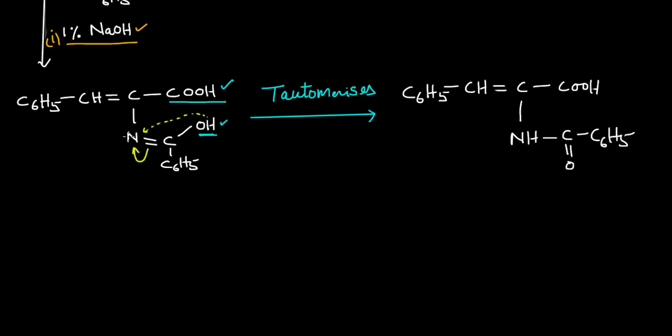So this oxygen, this nitrogen will get the positive charge, negative charge, and this hydrogen will shift to this nitrogen atom to form this NH bond, and the electrons which are present on this oxygen atom will go to form this double bond again. So this double bond between the carbon and the oxygen will be formed.